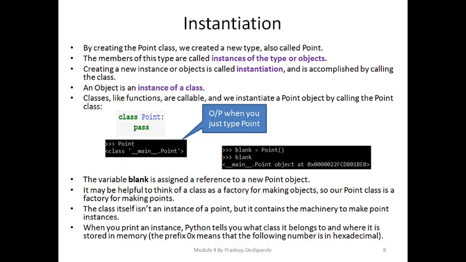When you display the object name, it shows a different output, showing that a Point object is created at this particular location. When you create the object, space is created for that particular class object.